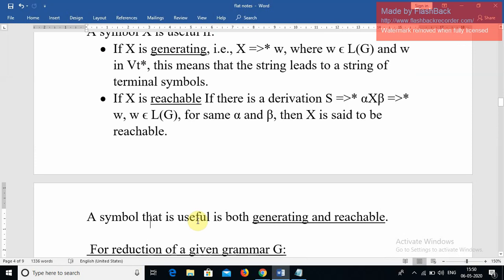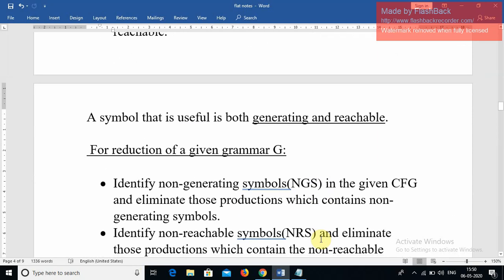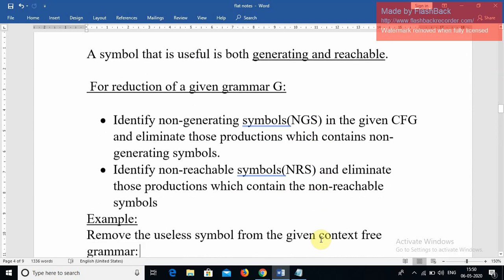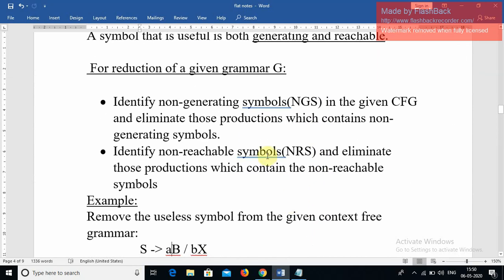Okay, so this is about useful, and for the reduction we have to identify the non-generating symbols as well as the non-reachable symbols. So I'm repeating: we have to remove useless symbols.